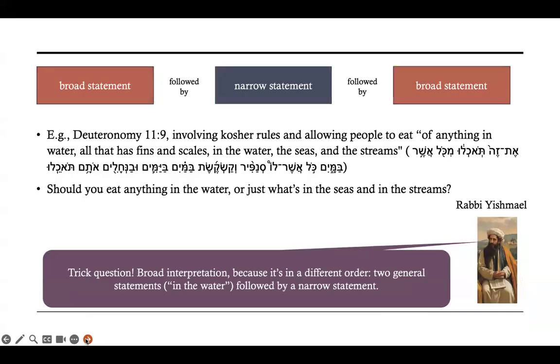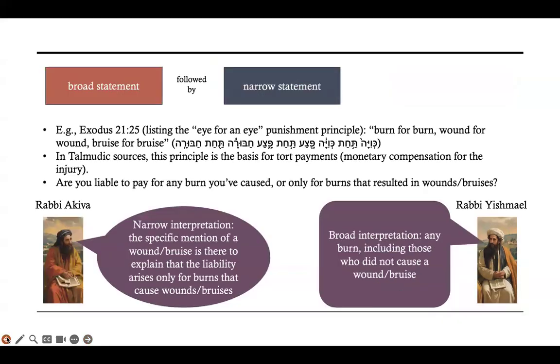What happens then in the sandwich situation where we have a broad statement followed by a narrow statement followed by a broad statement? Are we talking about ribui, miut, veribui? Or are we talking about klal, ufrat, uklal? Well, the theoretical formulation of the rule follows the exact rule that we've already seen when we talked about broad statements followed by narrow statements, which is to say, Rabbi Akiva would say narrow interpretation, klal ufrat uklal.